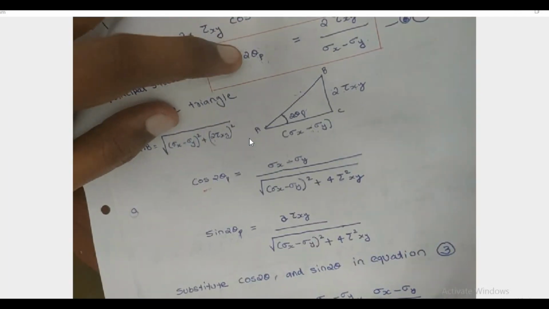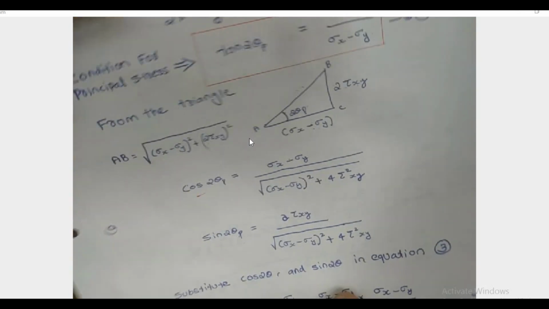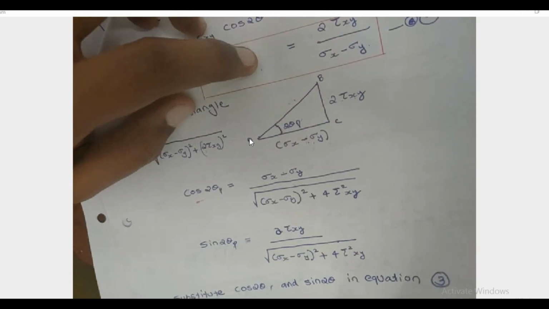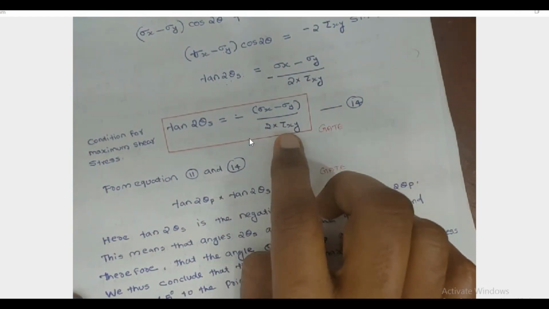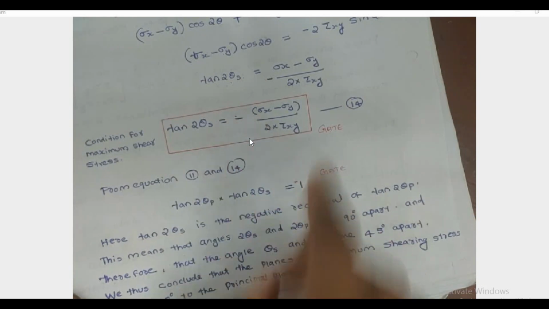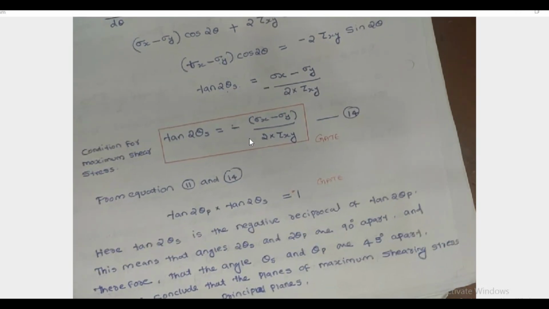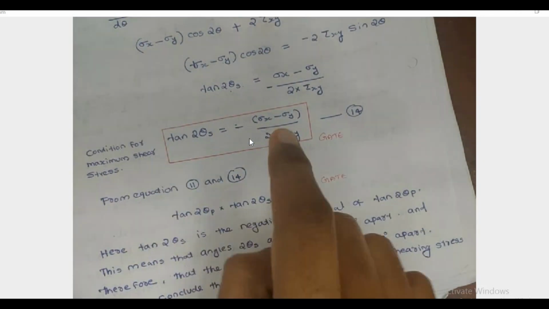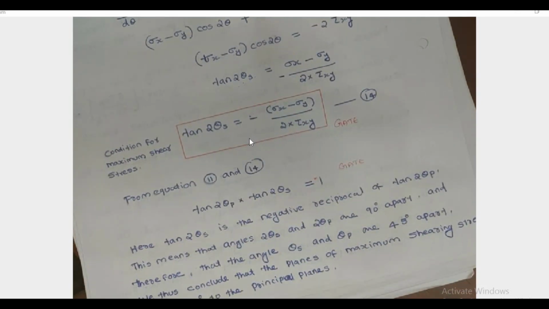When we multiply these two equations, we can see this is 2 tau xy by (sigma x minus sigma y), and in the other, (sigma x minus sigma y) by 2 tau xy with a minus sign. So the numerator and denominator are interchanged, with an extra minus sign. When we multiply these two equations, we got minus 1.